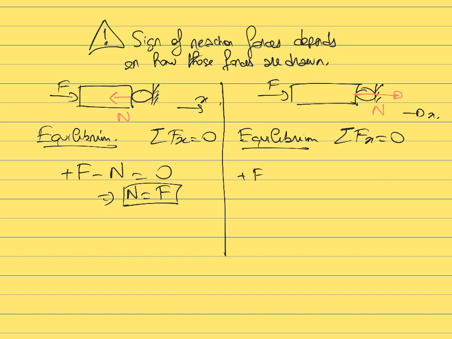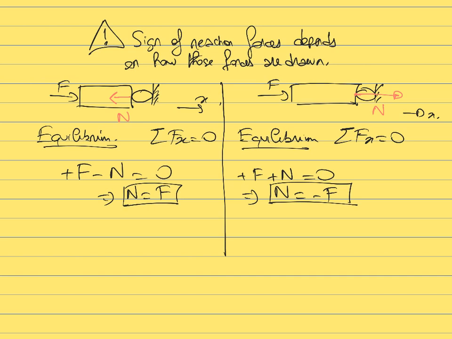Now I have drawn N as pointing towards the right, so N will have a positive projection along the X-axis. So if I write its projection along the X-axis, then it's plus N, and the sum is equal to 0. So now I find that N is equal to minus F. So now I find that the reaction N is negative, equal to minus F.